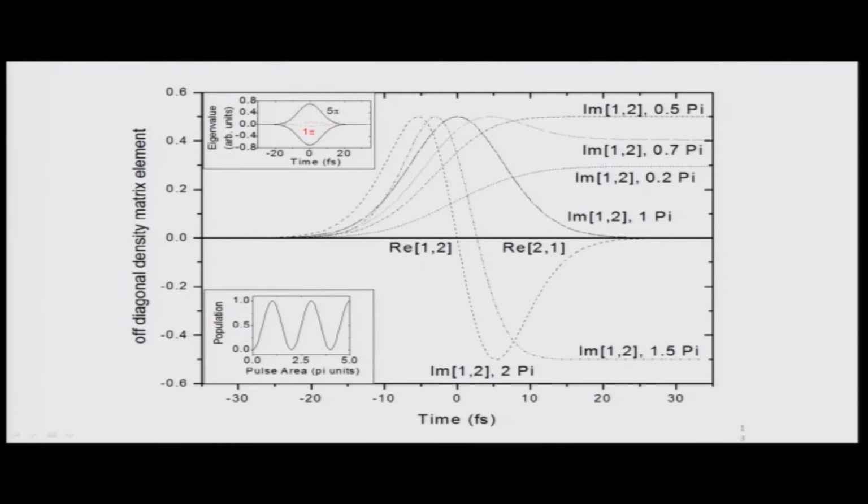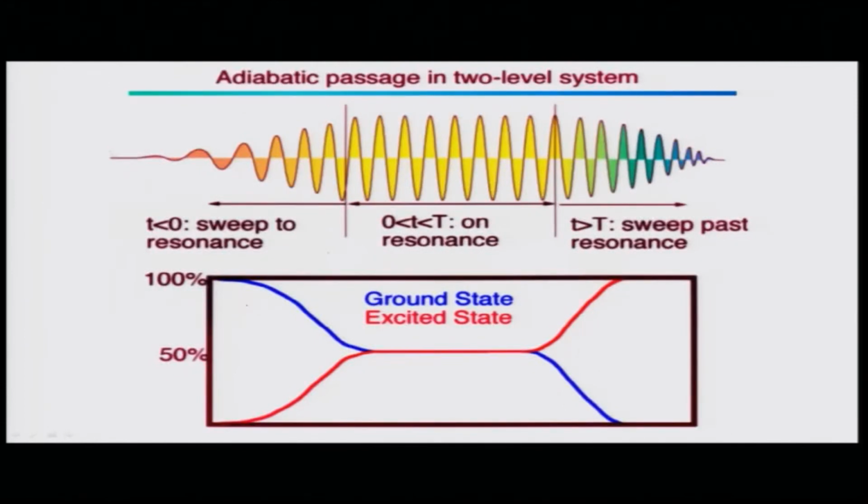So, there will be a Rabi flopping, and that depends on the pulse area of the interacting pulse with the system. And the interesting part here is that the population part is an observable. The part which is not an observable is the coherence part, and it can be modeled and understood in these terms. And by using the principle of adiabatic passage, where the frequency is being changed slowly from below resonance to resonance and to beyond resonance, the population can be made to follow the applied field.